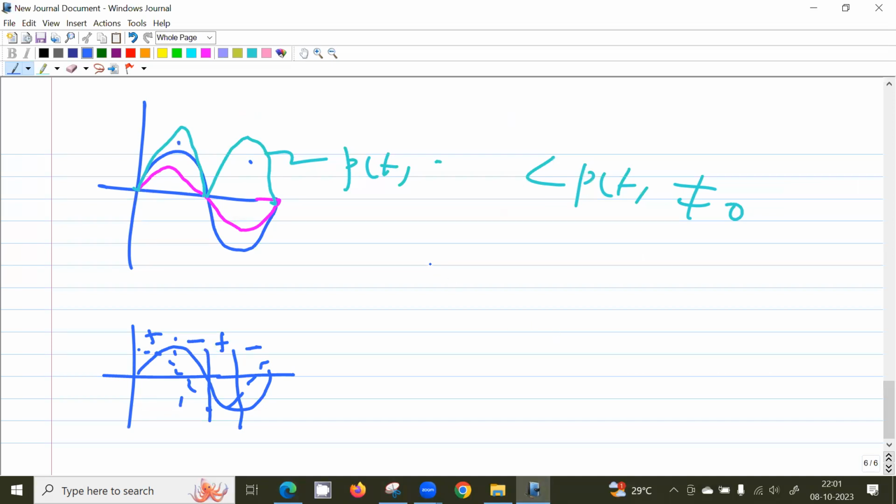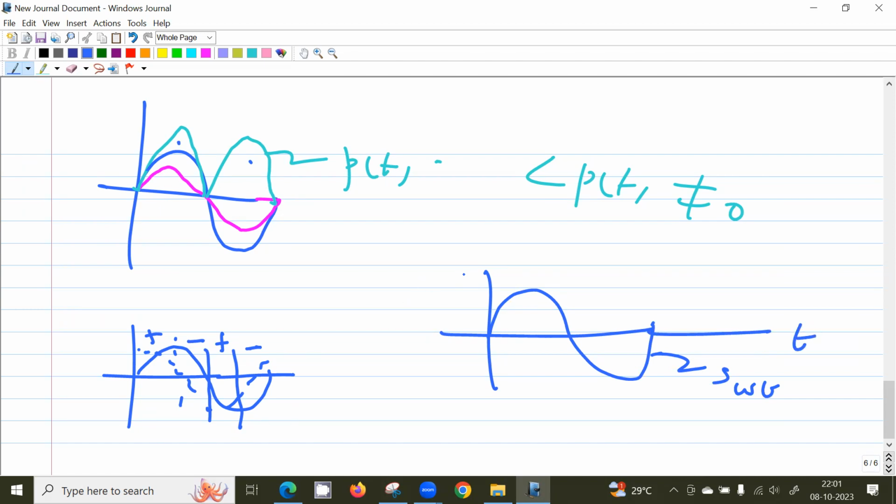If sine omega t is like this, the x-axis is time and the y-axis is the value. Sine 2 omega t will look like this; the frequency will be twice. So within this half period itself, the full period will happen.